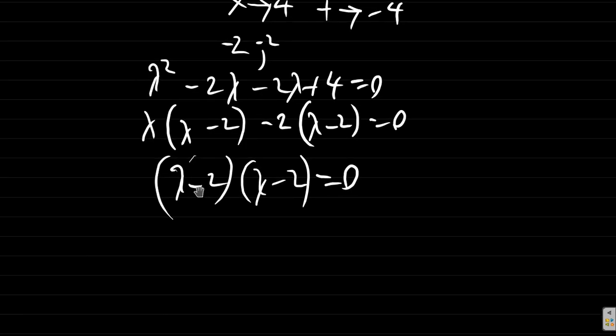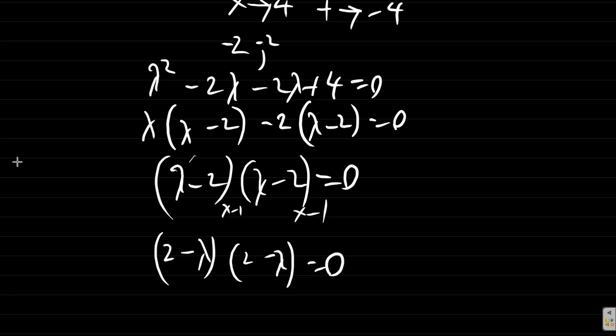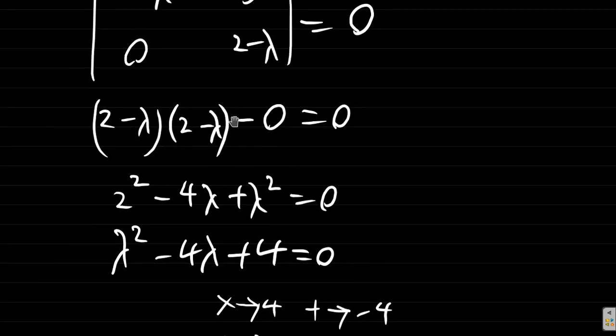Now if you multiply this by negative 1 and this by negative 1, negative 1 times negative 1 is the same as multiplying everything by positive 1. This would be positive 2, negative lambda, positive 2, negative lambda equals 0. So you see it's the same thing as this.